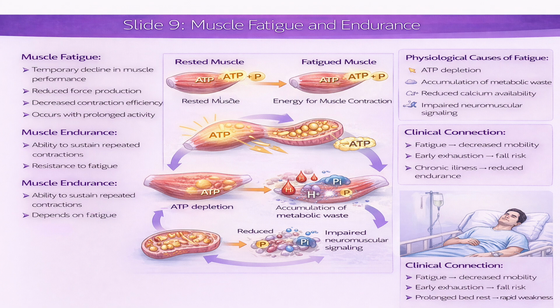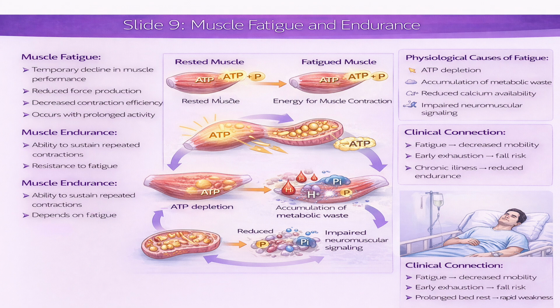In practice, nurses should do the following: monitor activity tolerance, encourage gradual mobilization, allow adequate rest periods, promote hydration and nutrition, and coordinate with therapy services. These interventions preserve strength and independence.